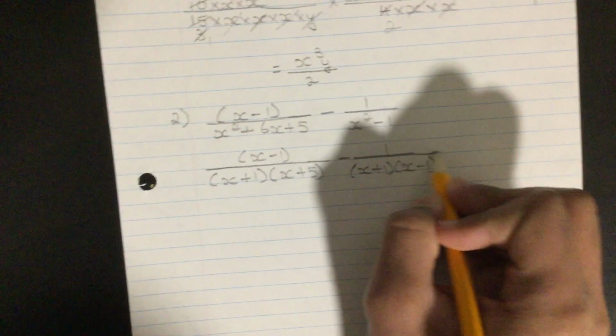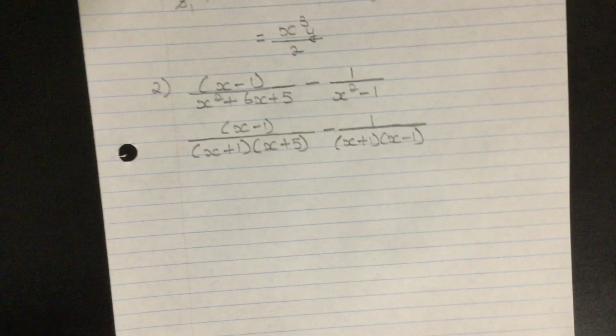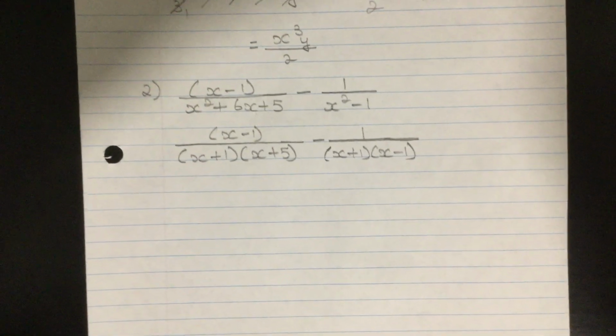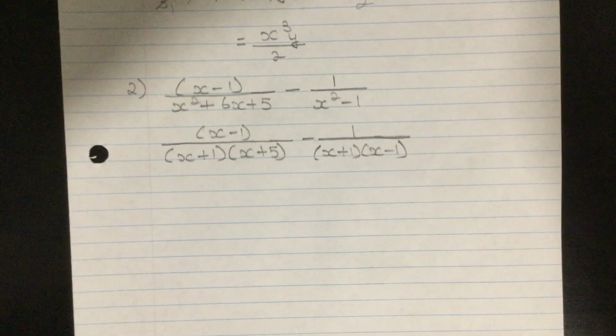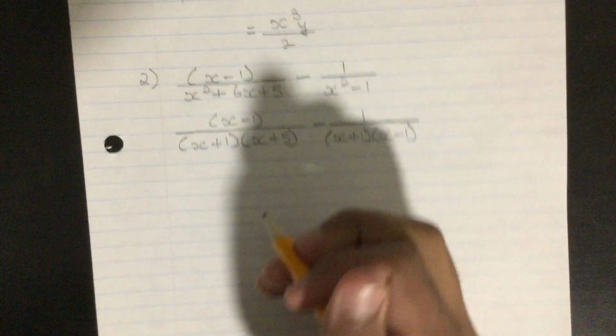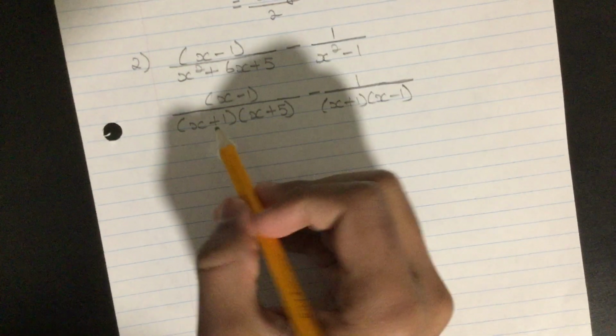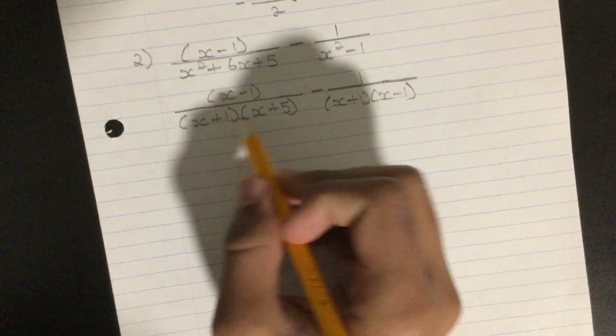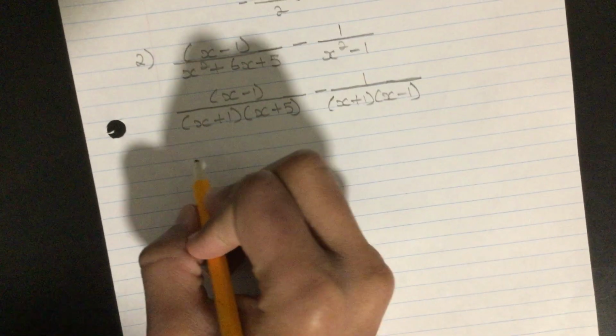Now to continue this question, to derive the answer, you need to basically use LCM, LCD, lowest common denominator, or lowest common multiple. So you need to look at what's similar in the denominators over here.